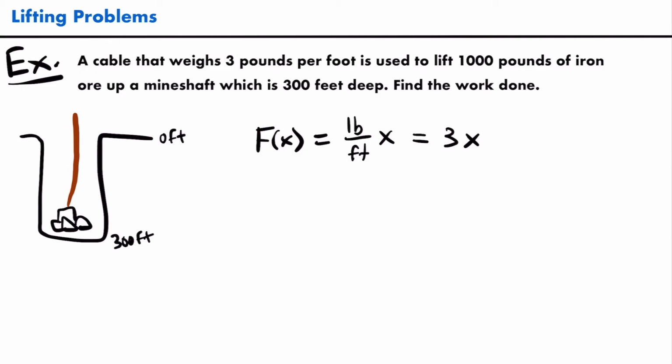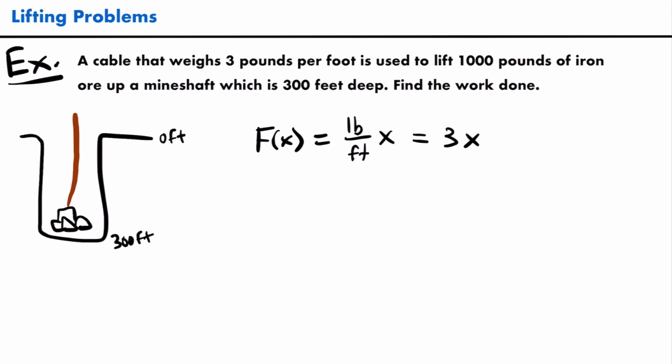However, in this case, that is not our entire force function, right? In this case, we're not only lifting the rope, we are also lifting up 1,000 pounds of iron ore. Now, unlike the rope, the force on that iron ore is constant throughout the entire lifting process. The iron ore is not getting heavier and it's not getting lighter. It is a constant weight of 1,000 pounds.